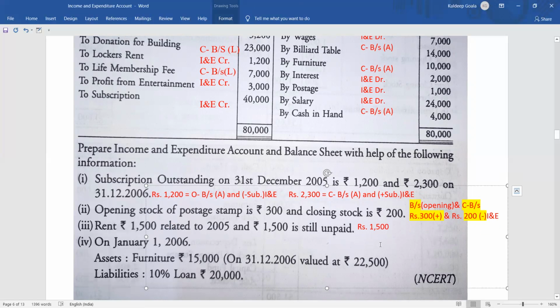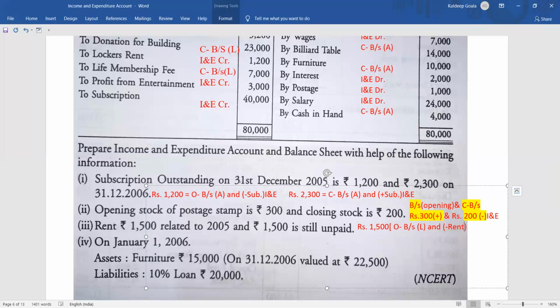So there are two treatments again for this. Once it will come in the opening balance sheet, liability side. Okay, and again, what will happen? The same amount will be deducted. Okay, will be deducted from what? From rent, from the rent of this year.